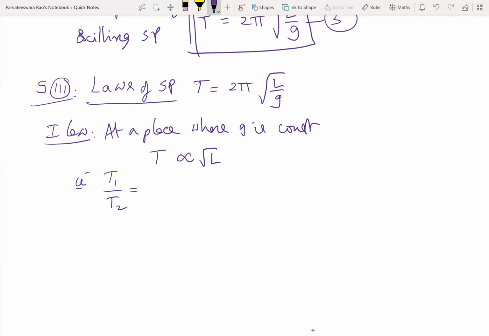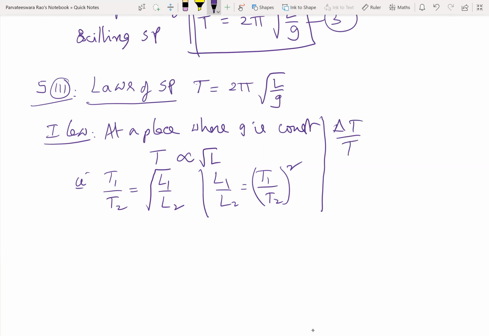That is T1 by T2 is equal to root of L1 by L2, or L1 by L2 is equal to T1 by T2 whole square. And delta T by T is equal to half into delta L by L, since T is proportional to L to the power of half.